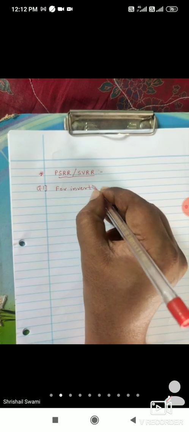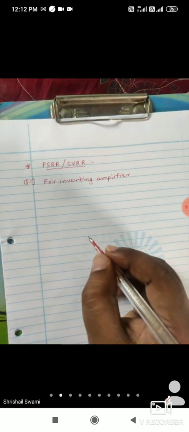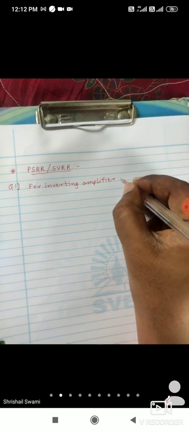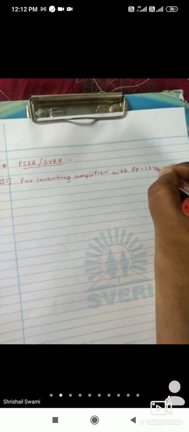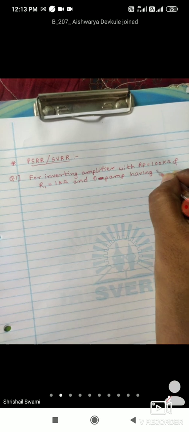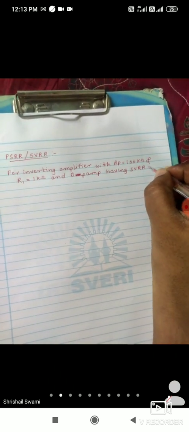For an inverting amplifier with RF equal to 100 kilo ohm, R1 equal to 1 kilo ohm, and an op-amp having SVRR, that is supply voltage rejection ratio, equal to 96 dB.